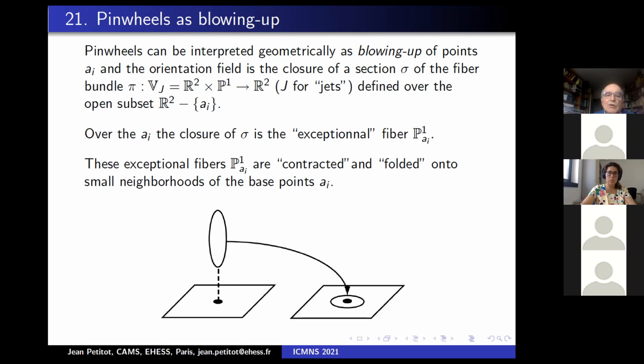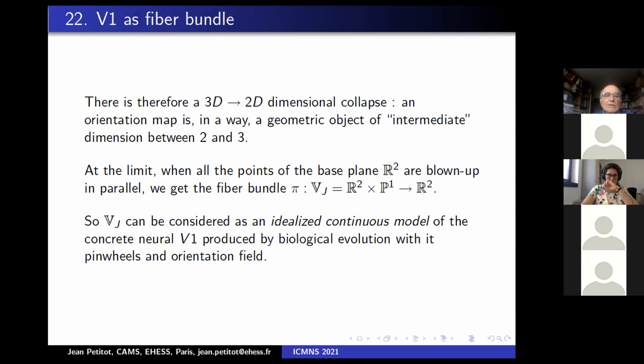Over the a_i, the closure of the section sigma is the exceptional fiber P¹, and these exceptional fibers P¹ are contracted and folded onto small neighborhoods of the base points a_i to give pinwheels. So there is therefore a 3D to 2D collapse. An orientation map is in a way a geometric object of intermediate dimension between 2 and 3.